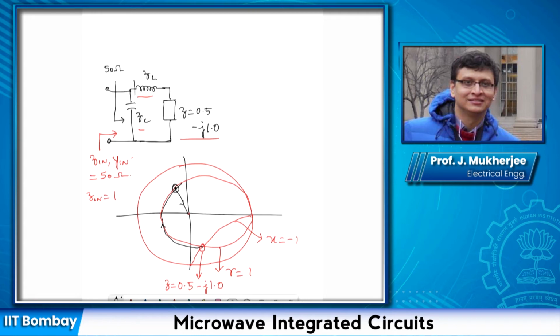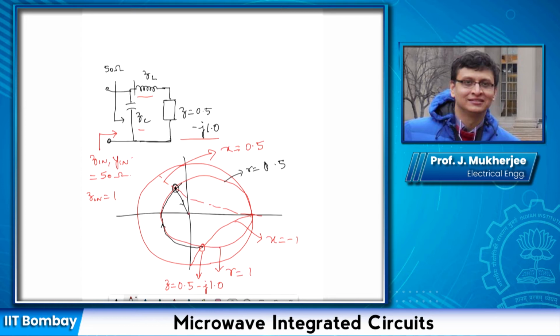Okay. Now here, all along this constant resistance circle, my R equal to 1, right? And R equal to 0.5, I beg your pardon. And this point here, the constant reactance circle passing through this point is x equal to 0.5.